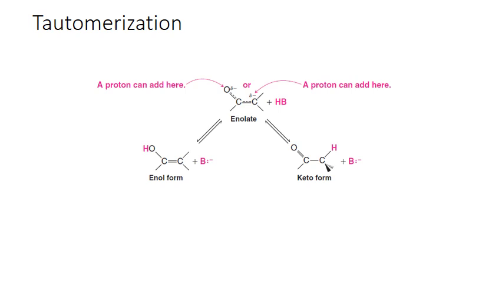This transformation is called tautomerization, and the keto form and enol form, which are structural isomers, we call tautomers. Formation of enolate brings about some important reactions we study in the following slides.